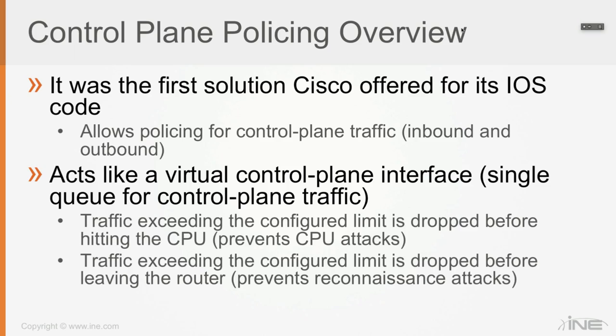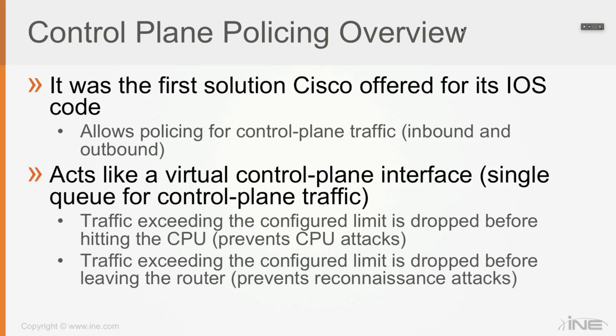When you do policing, it's like the router has inside a virtual control plane interface, which is policing how much traffic the router can receive control plane wise, and can initiate control plane wise for specific protocols. So this acts like a single queue, because you have only one virtual control plane interface which controls all inbound and outbound control plane traffic.